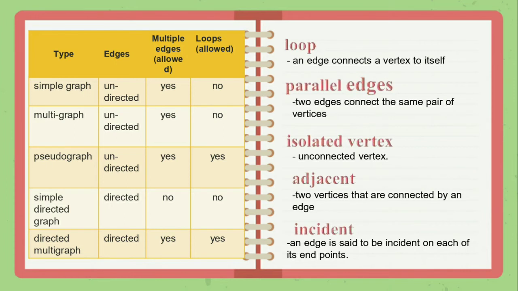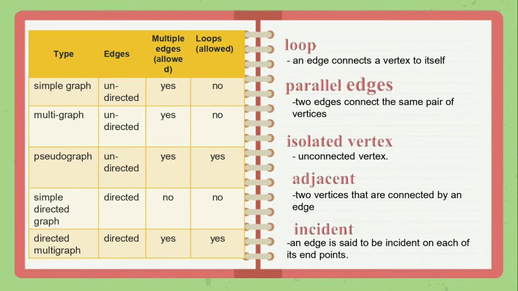For the simple directed graph, there are directed edges, but no loops and no multiple edges. A directed multigraph consists of directed edges, multiple edges, and also loops.